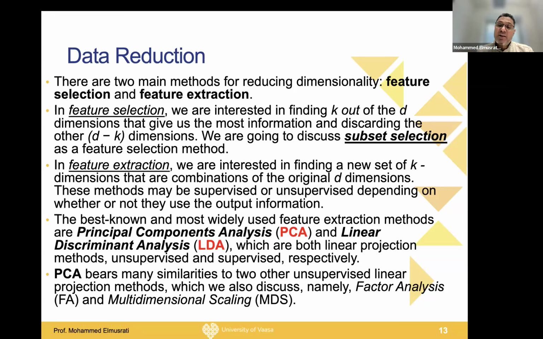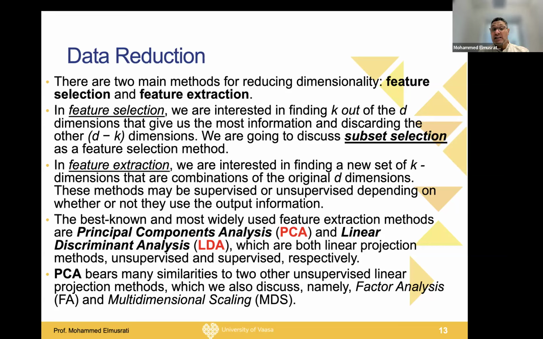We also have another version of projection, but this works with supervised learning. It is called linear discriminant analysis, LDA. Those are the most basic and most important techniques in data reduction. And by the way, you can say that those two techniques are statistical tools more than machine learning tools.